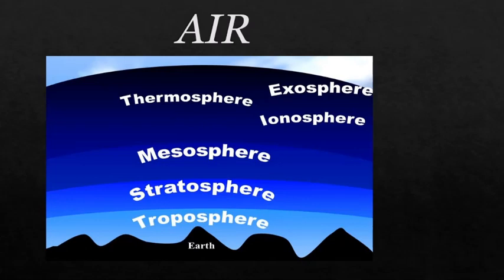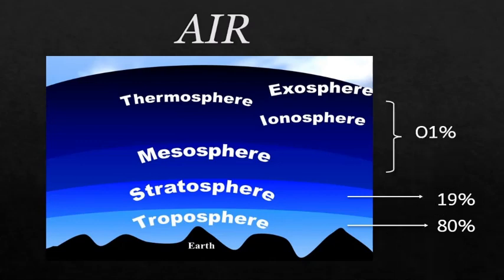So, the percentage of troposphere layer in the atmosphere is 80%, while stratosphere is 19%. And the other layers, that is mesosphere, exosphere and ionosphere, comprises of 1%.